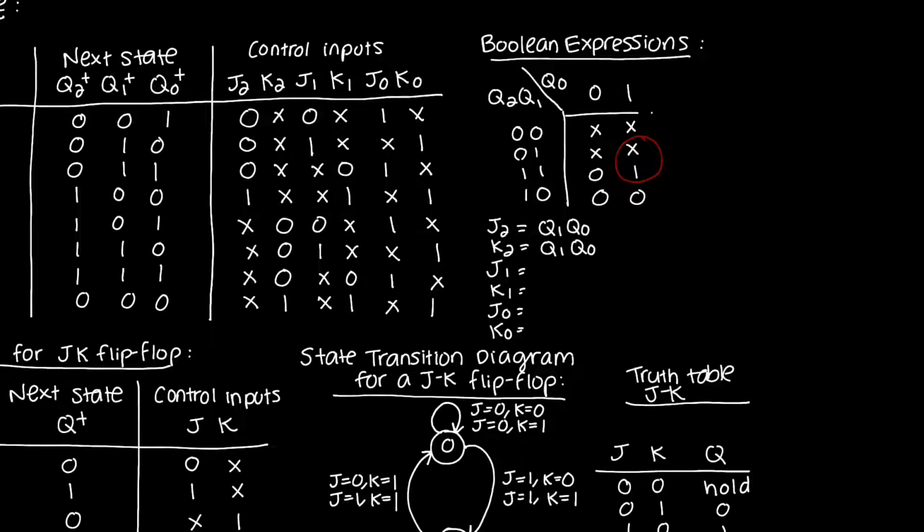Now, what about J1 and K1? J1, I'm looking at this column over here. So 0, 1, X, X, 0, 1, X, X, and that J1 is just equal to Q0.